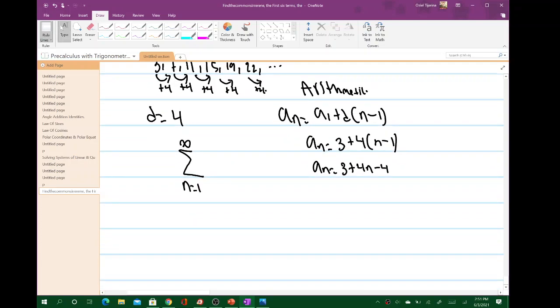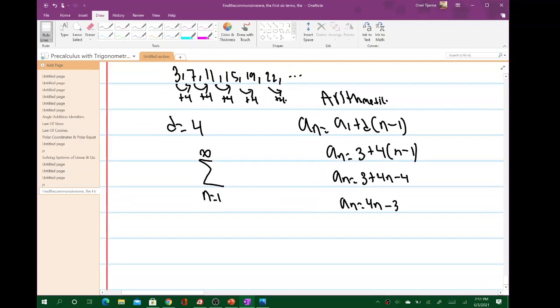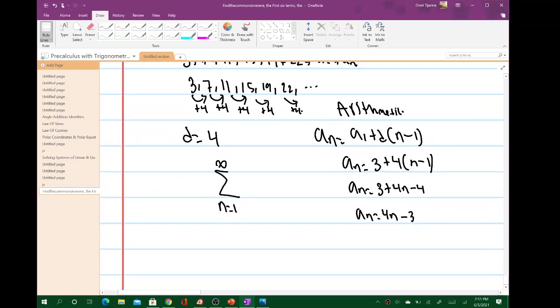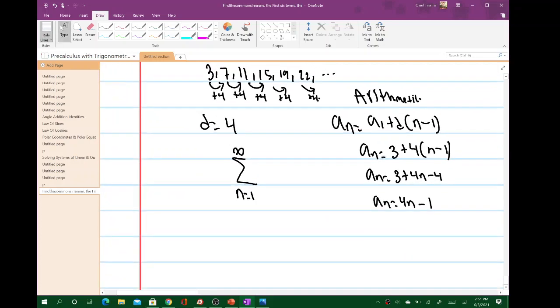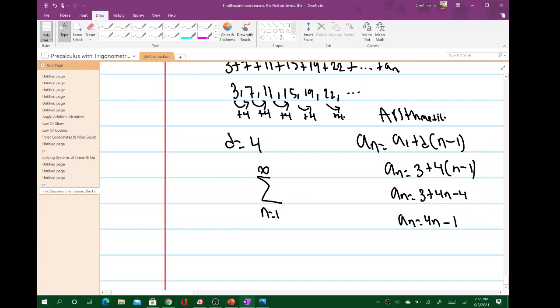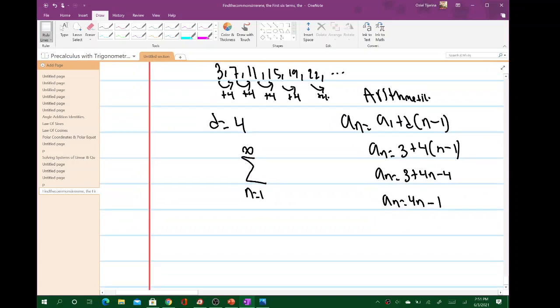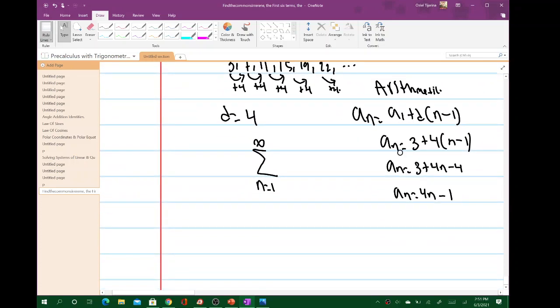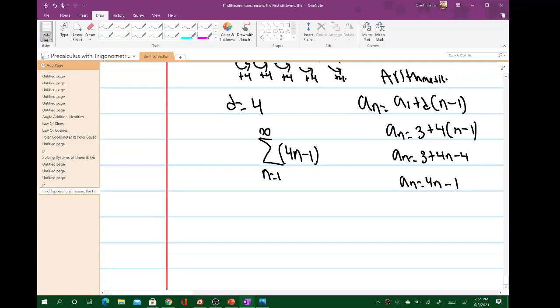So in reality, it's going to be a sub n equals 4n minus 1, excuse me. So basically we'll have the sum from n equals 1 to infinity of 4n minus 1.